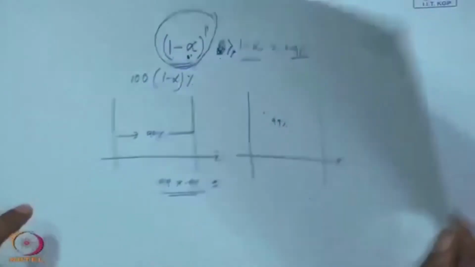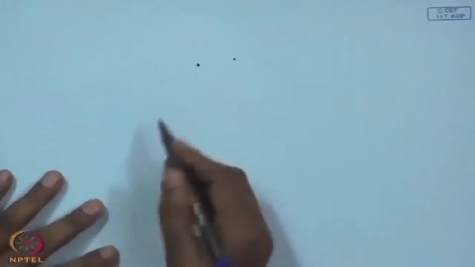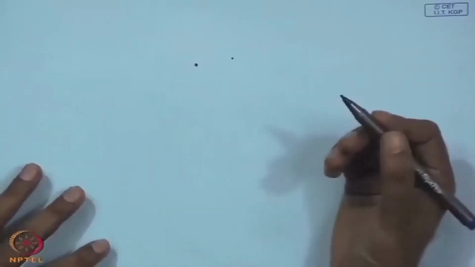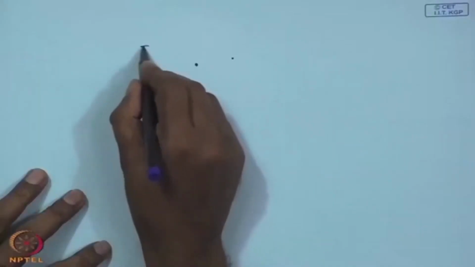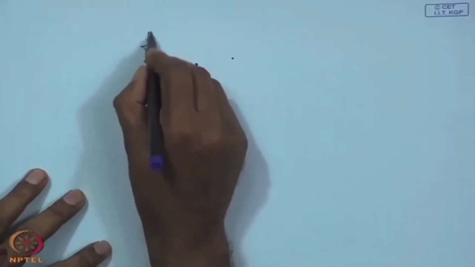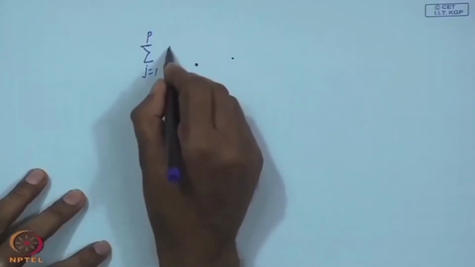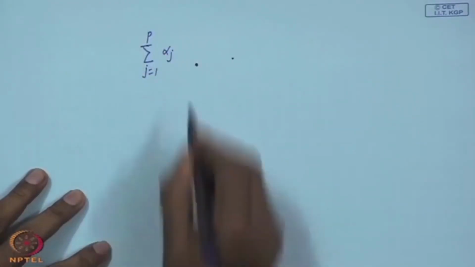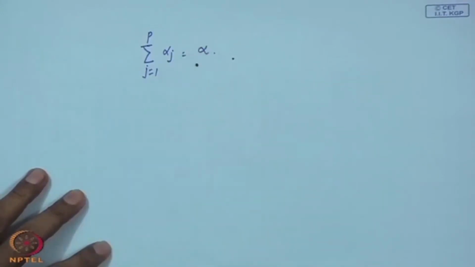As a result, he has given a formula. He says that you can give equal weightage to each of the variables, or you can give differential weightage. So, let alpha be like this, with j from 1 to p, there are p variables, and I am giving each variable an alpha j weight, that will be alpha.